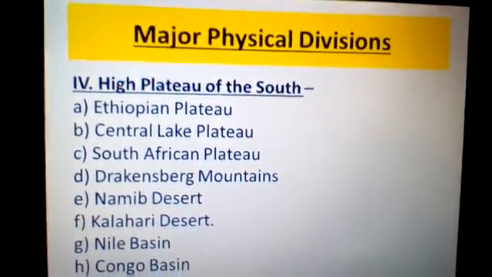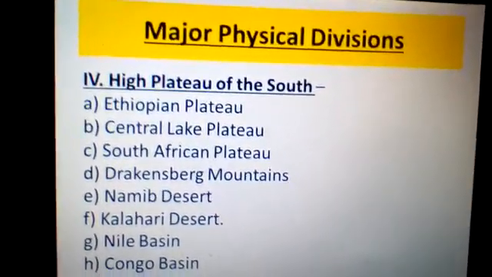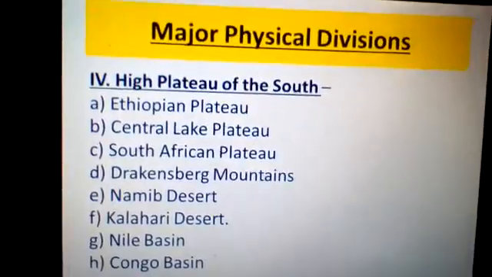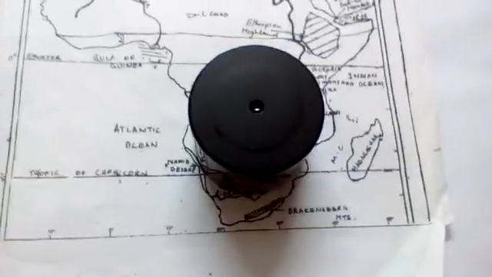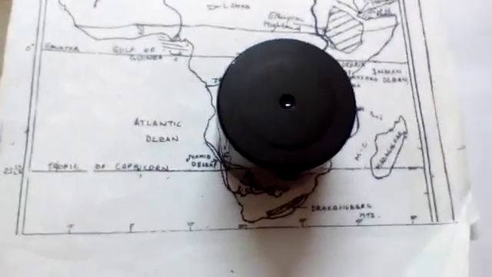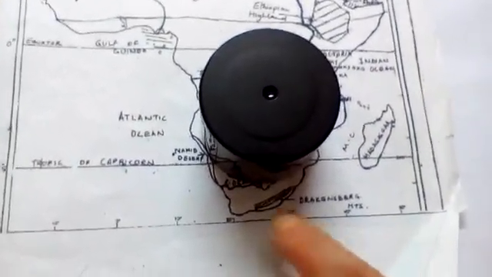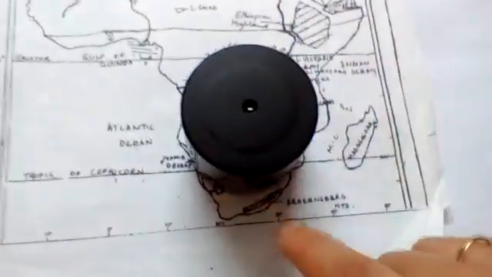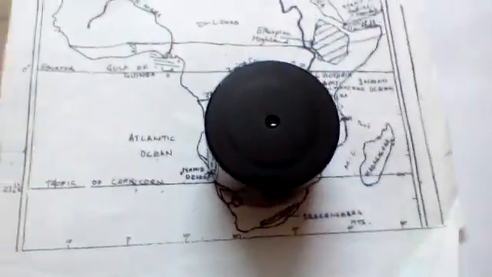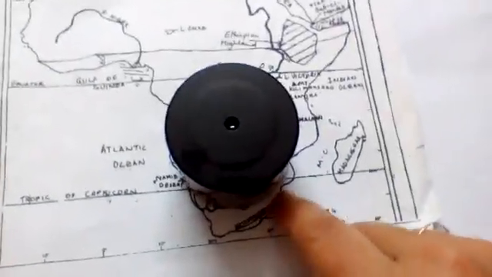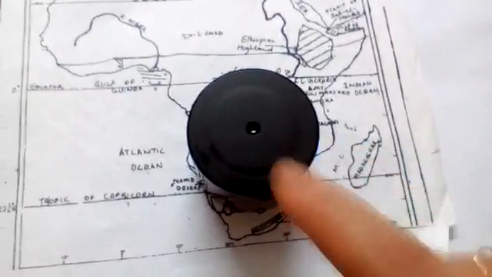We had just seen how a plateau is. So, to understand the southern portion, I'm back to this map. The high plateau of the south ends with the Drakensberg mountains. So, you can understand that this plateau is ending out here, and it forms a very high edge of the plateau area.